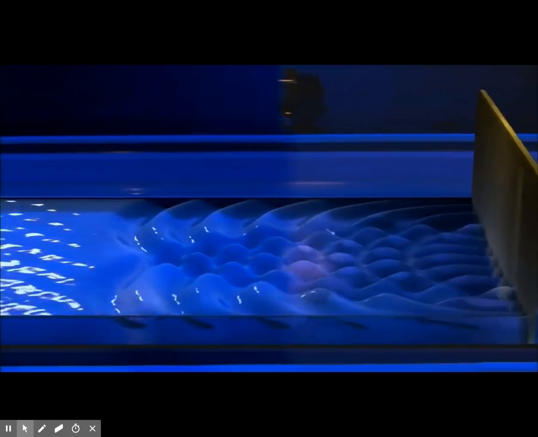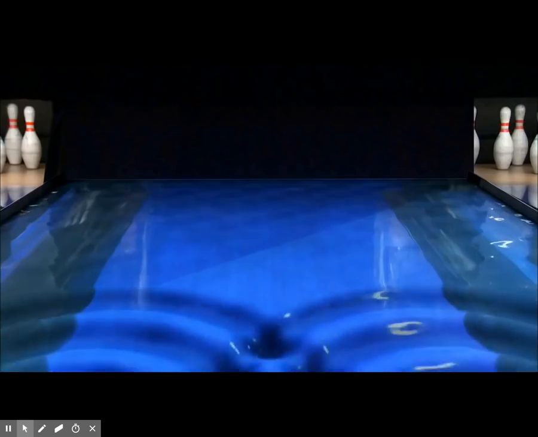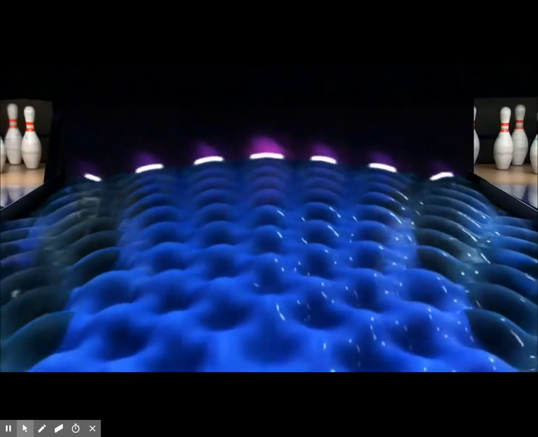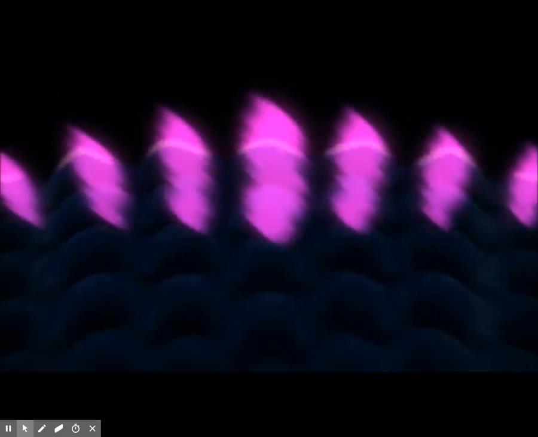Their peaks and valleys would combine, getting bigger in some places, smaller in others, and sometimes they'd cancel each other out. With the height of the water corresponding to brightness on the screen, the peaks and valleys would create a series of stripes, and what's known as an interference pattern.